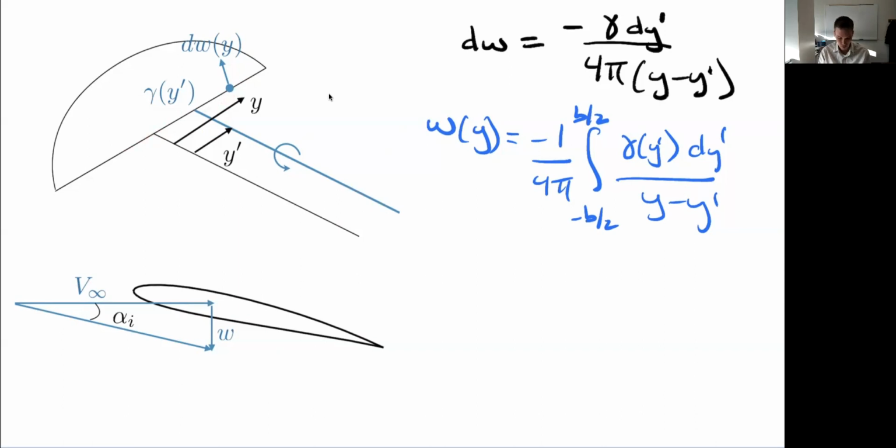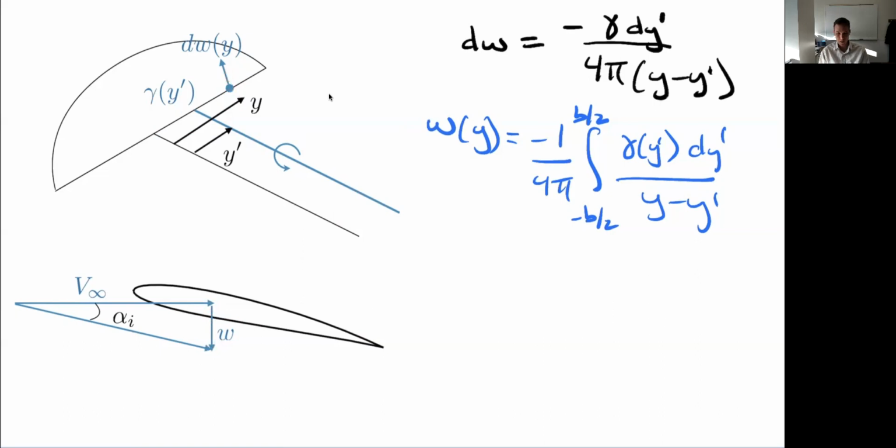Okay, now that we can compute this downwash anywhere, we can compute the induced angle of attack. Remember that normally, if there was just a 2D wing, all I'd have is my free stream velocity. But because I've got vorticity being generated on the wing in this 3-dimensional space, I get downwash. That's what this induced velocity is, and as drawn in the picture, it's downward.